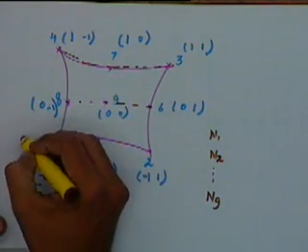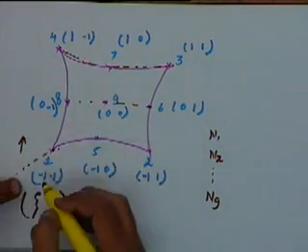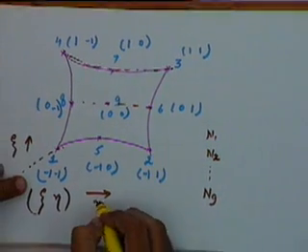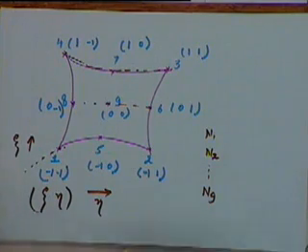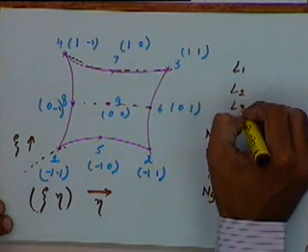In this direction what is changing is zeta, and in this direction my eta is changing. So we can define 3 functions, L1, L2 and L3.